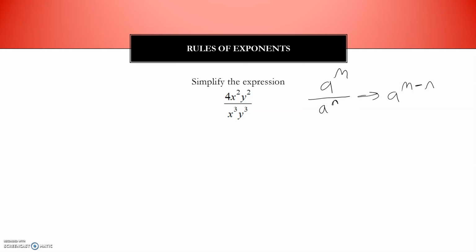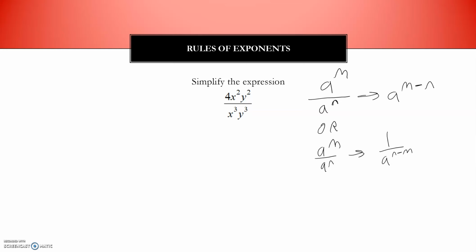Now, I can write it another way. Same expression, I could also write that as 1 over a to the n minus m. So wherever you want to put the expression, you're going to subtract the other exponent from that one.